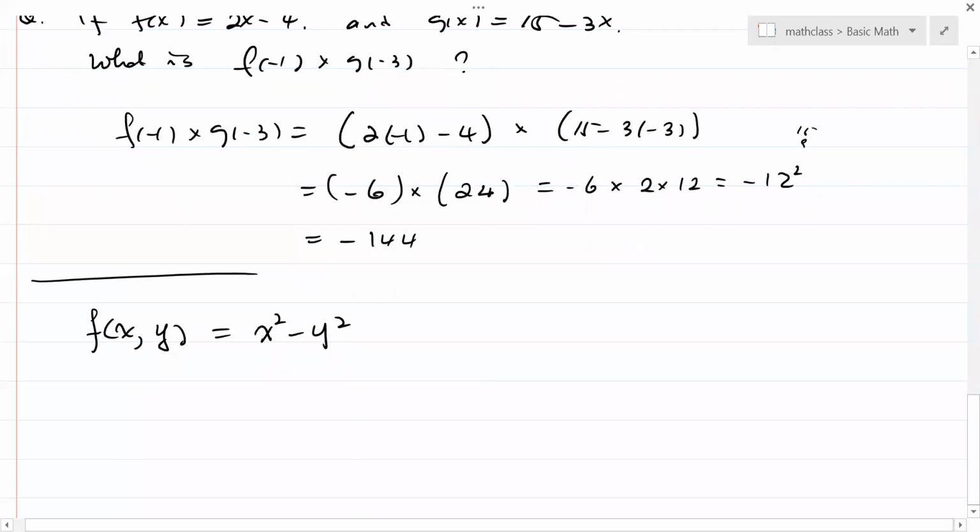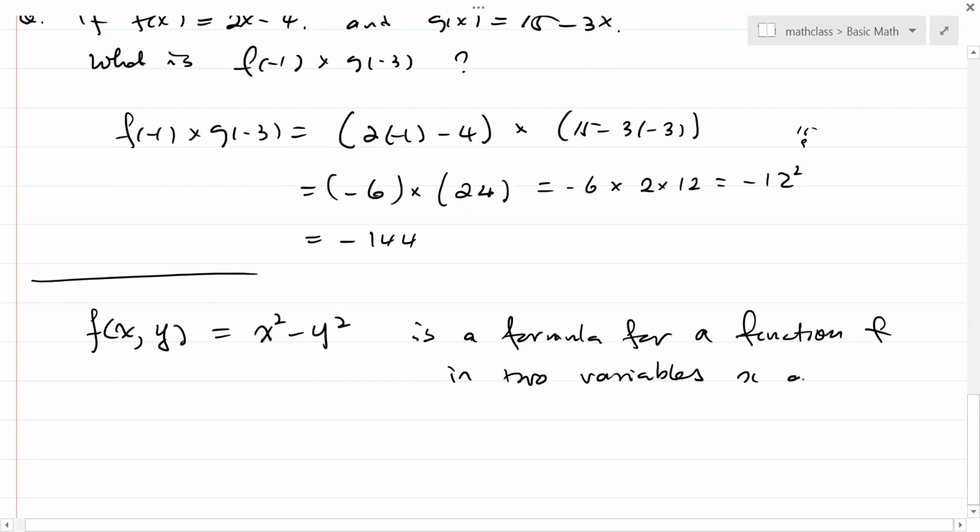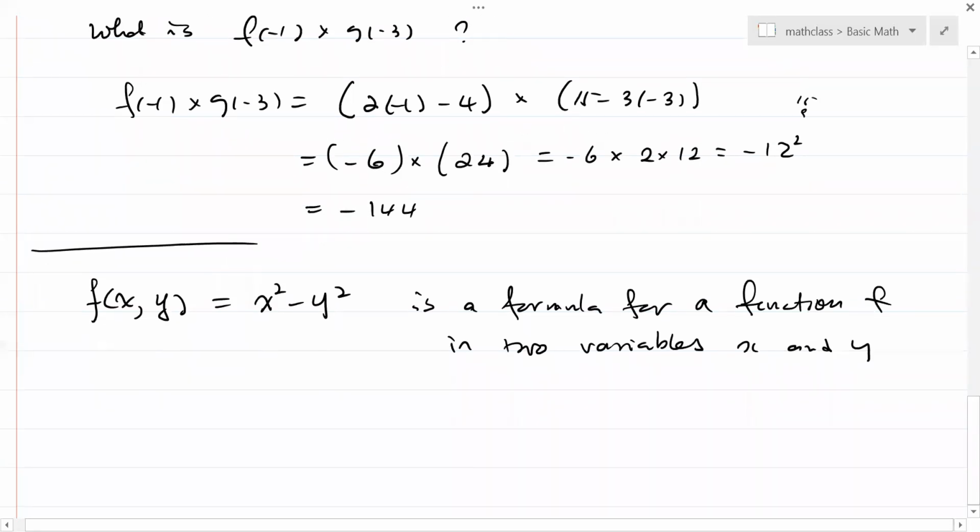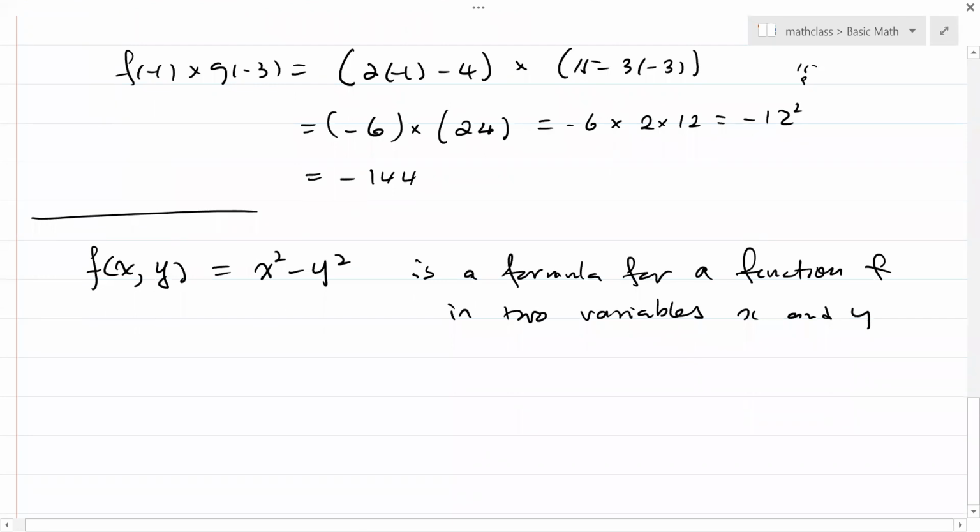This is a formula for a function named f in two variables, x and y. Some quantity depends on more than one variable. That's possible, right? And in that case you have two numbers, so you can evaluate.